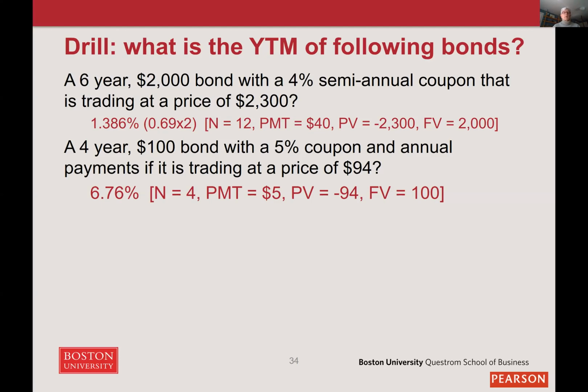Most of you where it's off, a few of you did the 0.69 and forgot to multiply it by 2. A few of you actually came up with twice 1.386. So go back and look at your numbers and make sure you're comfortable with them, and then I'm going to point something out about this.